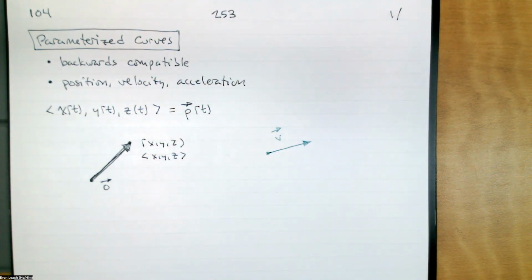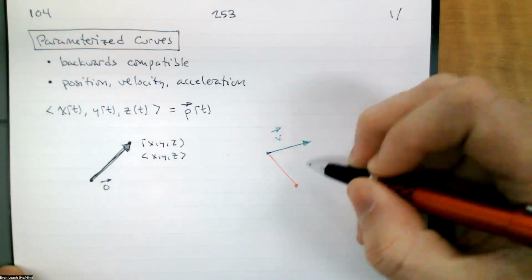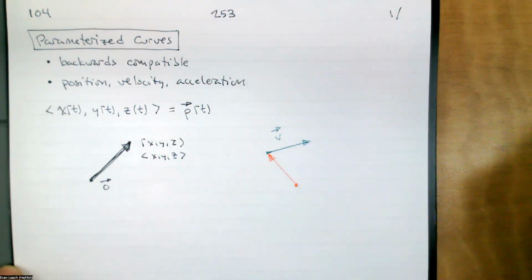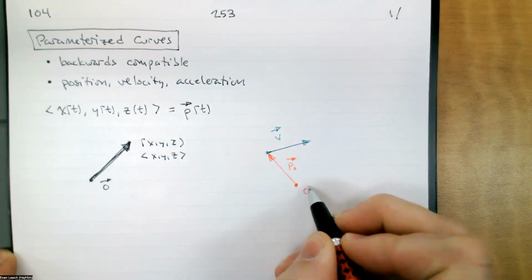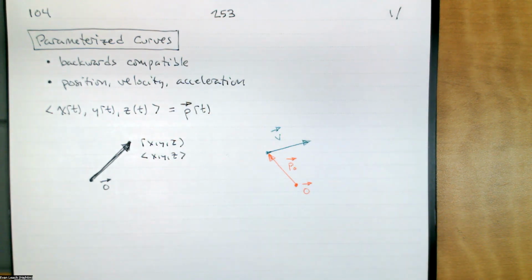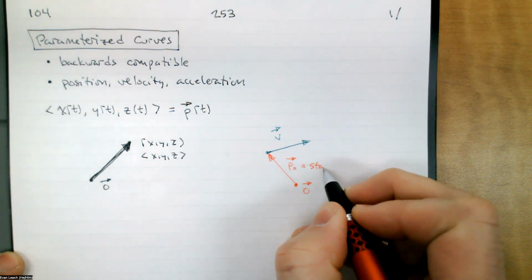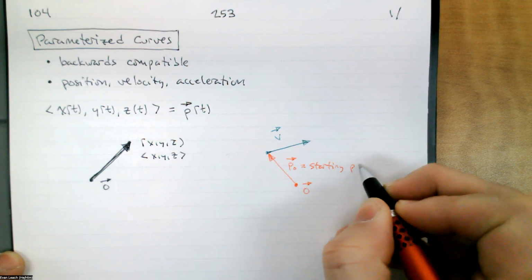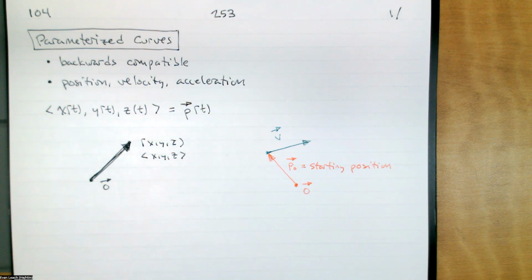And we need to describe where this started. And so P naught was our initial starting position. We're using the starting position as a vector.